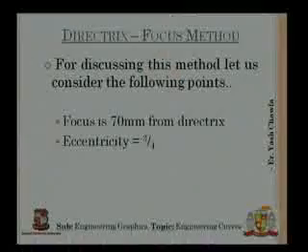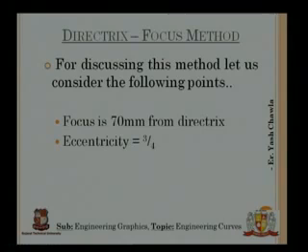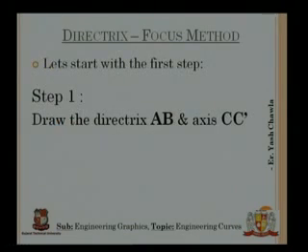Moving ahead, for discussion of this method we are going to make two assumptions. Say this might be taken as an example. I'll take the focus as 70 mm away from the directrix, and my eccentricity is 3 by 4. So what is my first step?